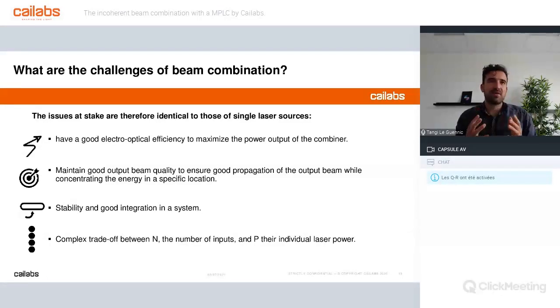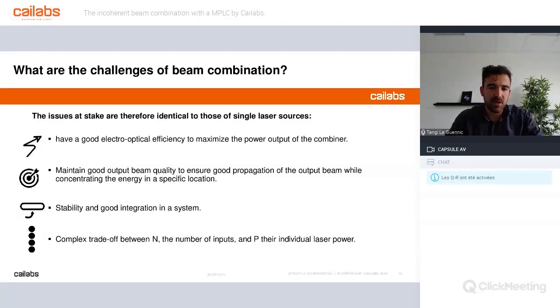Secondly, it's to maintain good output beam quality to ensure good propagation of the output beam while concentrating the energy in a specific location. The stability of the component is really important. If the system moves, because it's impossible to manage such a power, it's not useful. And having a small component is also important if you plan to integrate it into a really small system.